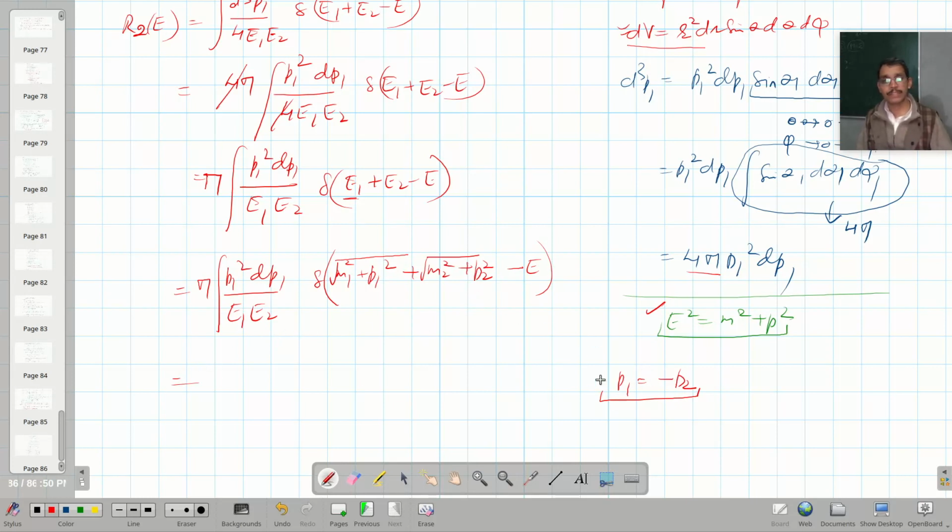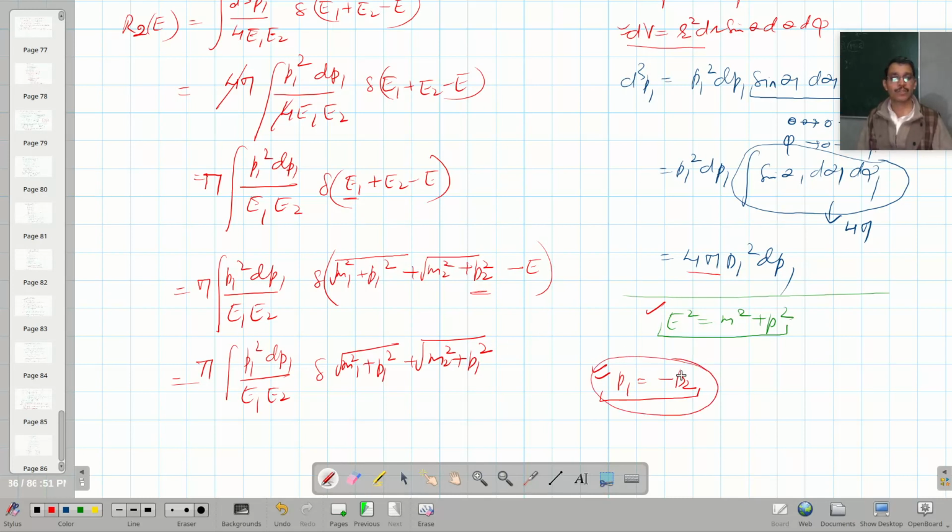So keeping this in mind, this can be written as pi integral p1 square dp1 over e1 e2 delta of square root of m1 square plus p1 square plus square root of m2 square plus p1 square minus e. You have to keep in mind that this happens in the center of mass frame. So that's it.